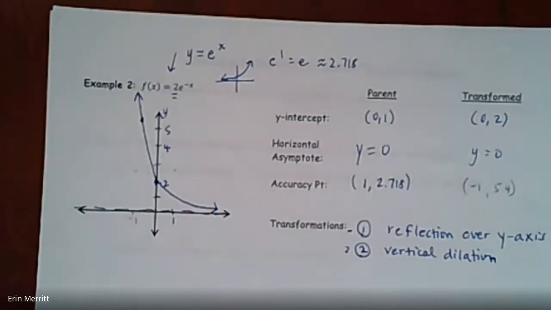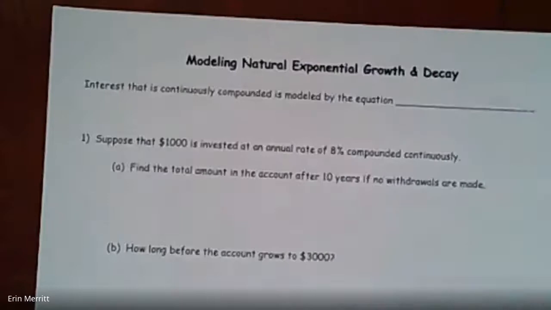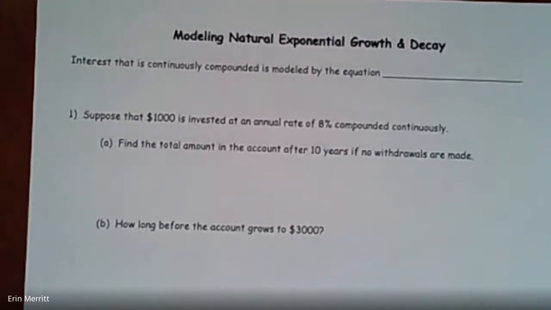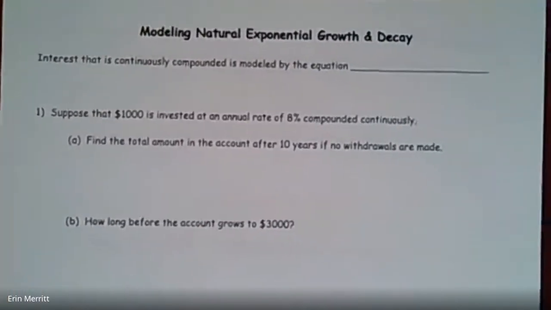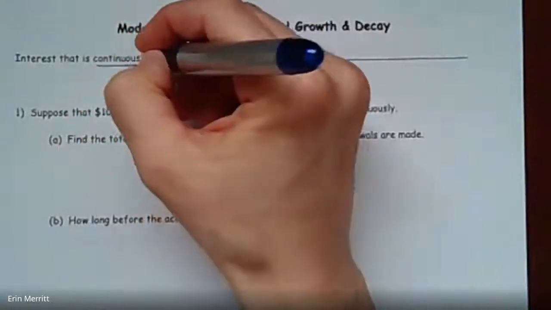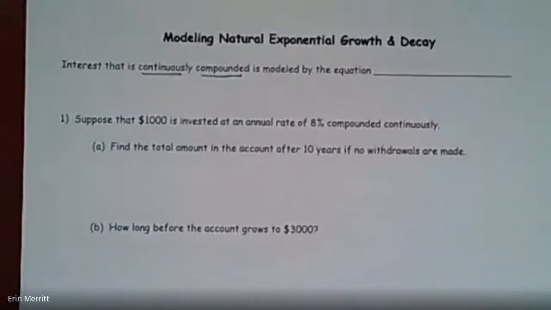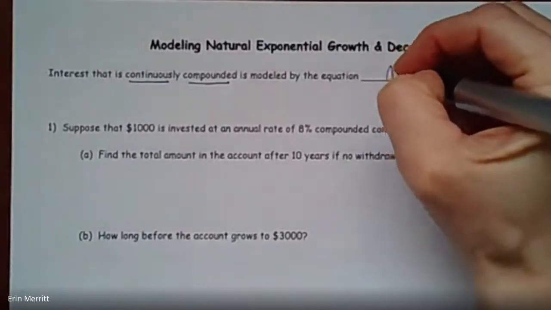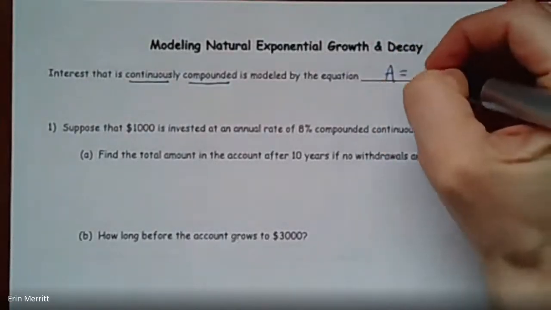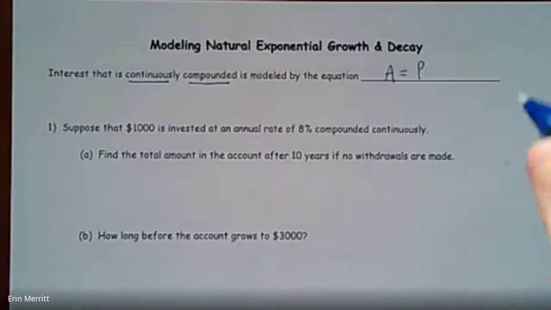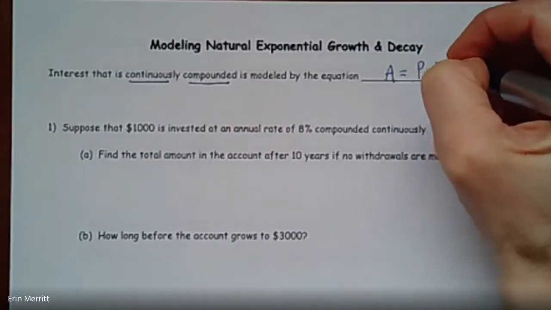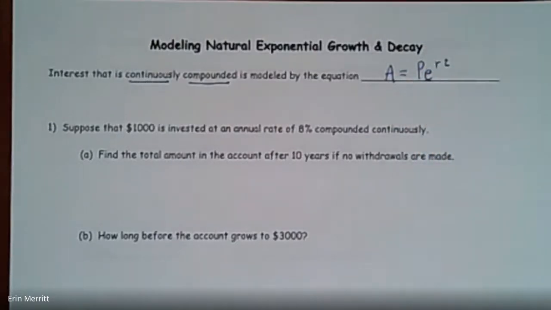Let's keep moving. So why we talk about this natural growth and decay: interest that is continuously compounded is modeled using an entirely different equation. What the equation looks like, we lovingly refer to as the PERT formula. It's P times e raised to the rt. Now think about where that comes from.